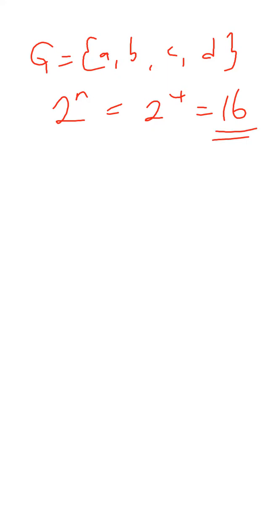What are the major things you need to know about listing the subsets of a set? Number one, empty set is a subset of every set. I come again. Empty set is a subset of every set. All right? That's all you need to know.